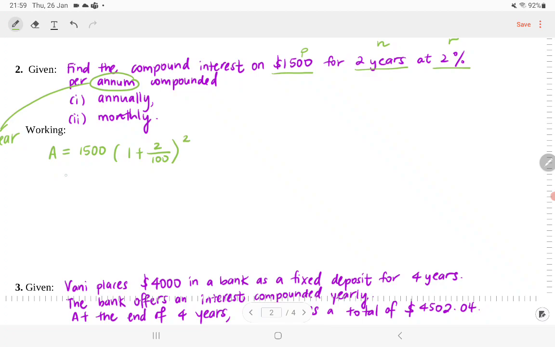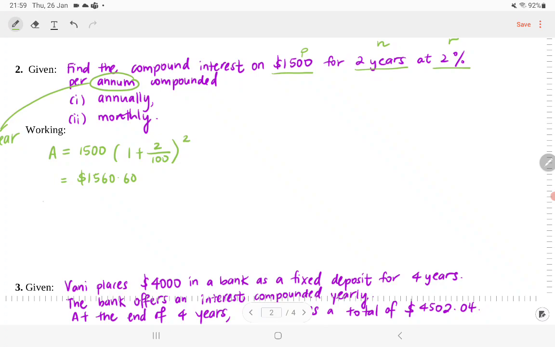So you calculate this. This will give you the total amount. Okay, so I get 1,560.60. So this is the total amount.